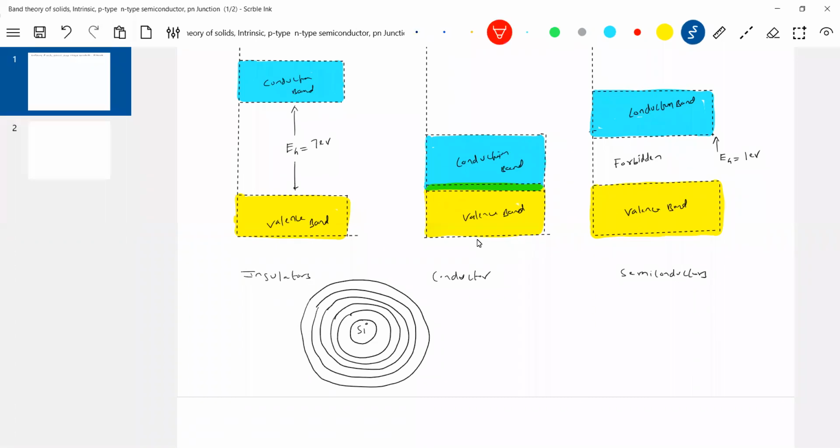So if I go for the distribution, then 8 electrons.